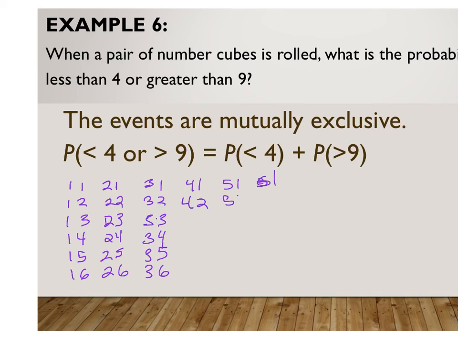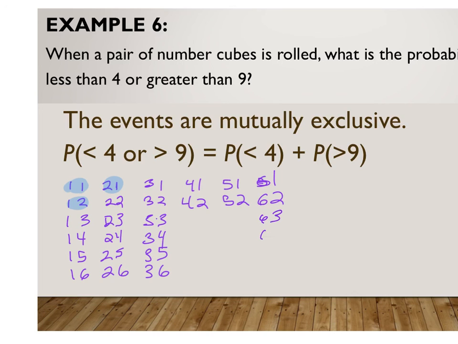So now the probability of rolling a number and getting a sum less than 4: 1, 1 is less than 4, 1, 2. 1 plus 3 is 4, so that wouldn't count. So those are all the sums less than 4. There's really only 3 out of all the possible, which is 36. 6 rows, 6 columns.